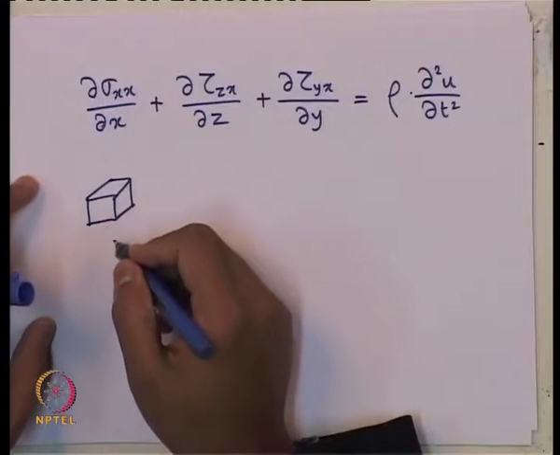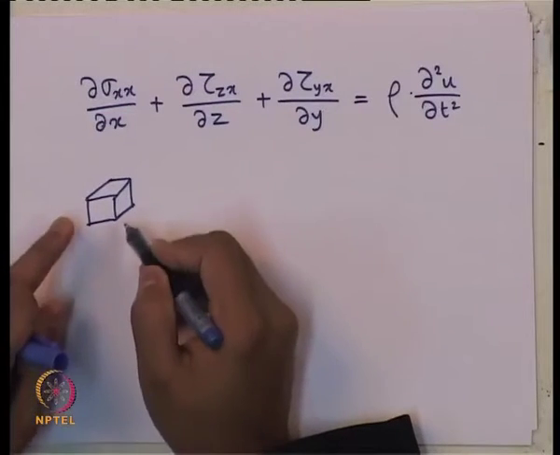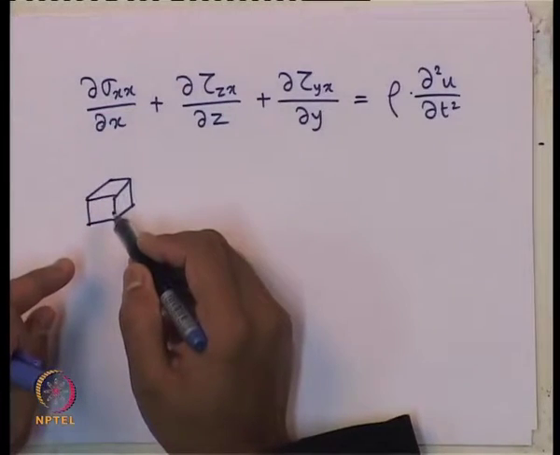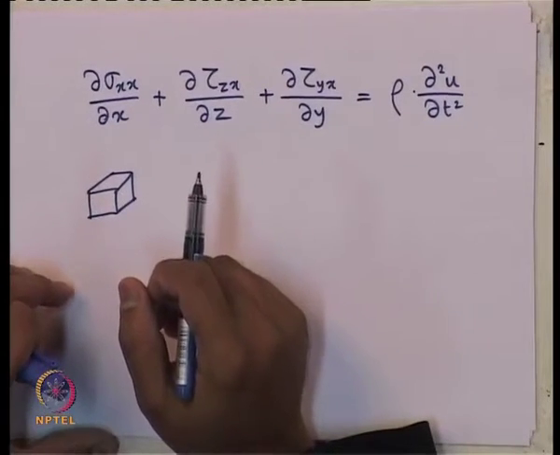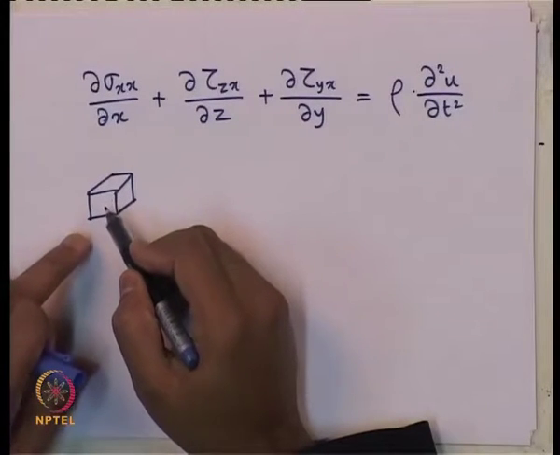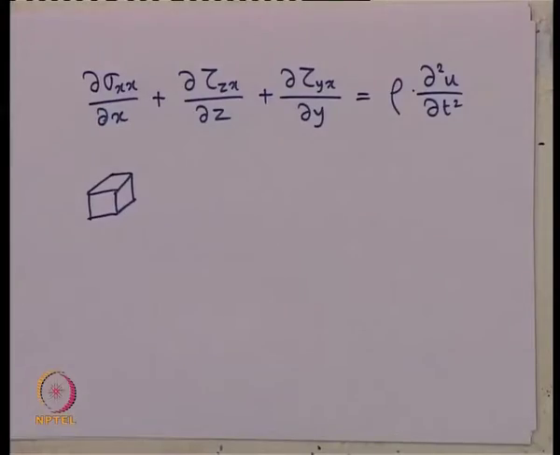Now, if we consider a very small, infinitesimally small element, what do we know? For the equilibrium of an infinitesimally small element, the moments created by the shear forces should be equal about its center. What does it mean? Because of the shear, the couple is generated from the two faces. For one small element, tau zx is nothing but tau xz to maintain equilibrium.